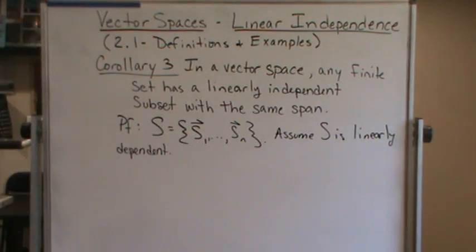Okay, so now, if S is dependent, then we know that by definition, it contains a vector V that is a linear combination of the others.